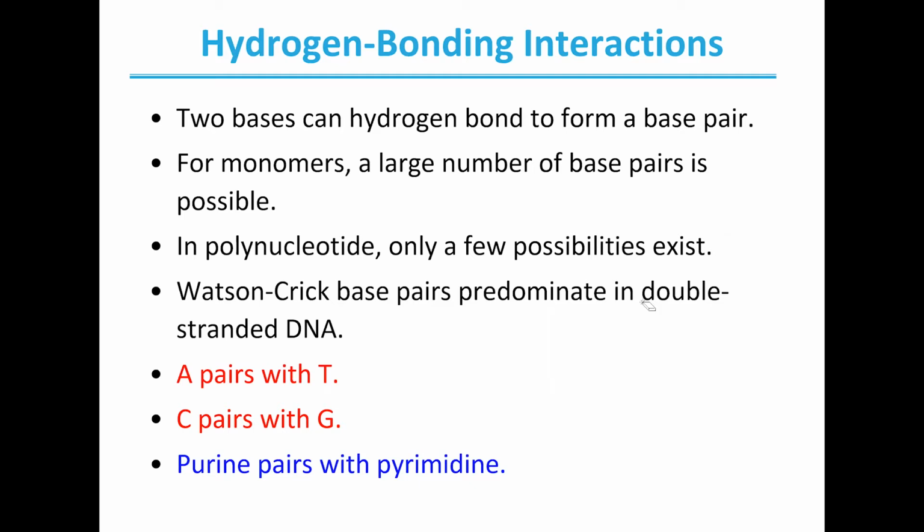So between two bases of nucleotides, we can actually form a hydrogen bond pair. Now, for a polynucleotide, this type of pairing is restricted essentially to two types of pairing. A will pair with T in DNA, and C will pair with G.